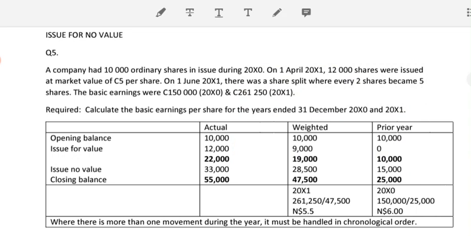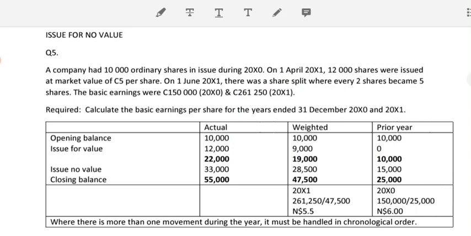And then on the 1st of June 2021, there was a share split where 2 shares become 5 shares. And the basic earnings were 150,000 for 2020 and 261,250 for 2021. Required is to calculate the basic earnings per share for the years ended 31st December 2020 and 2021.